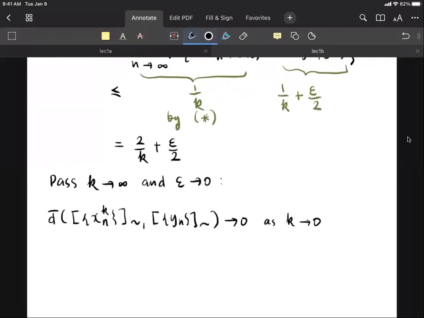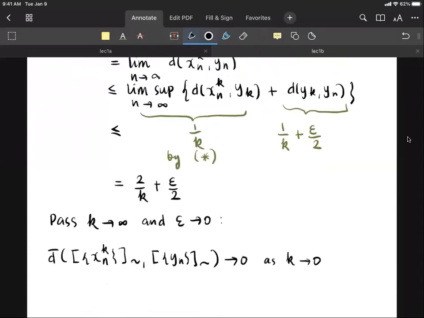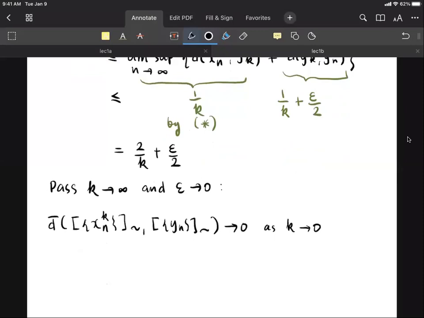So therefore, the original Cauchy sequence converges to the candidate limit that we have. And this proves the completeness and therefore the proof of the theorem.